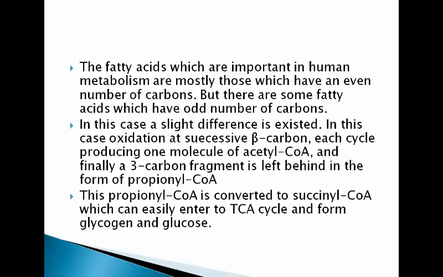But there are some fatty acids which have an odd number of carbons, and they follow beta oxidation. But the difference is that at the last fragment, in the case of an odd number containing fatty acid, propionyl-CoA is formed or remains, which is different from the case of an even number containing fatty acid, that is palmitic acid, where an acetyl-CoA molecule is left at the last.